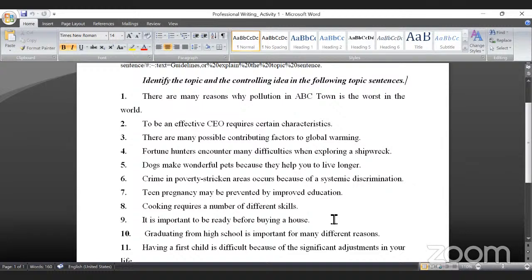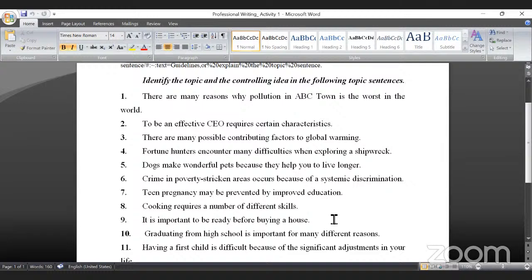6th one, crime in poverty-stricken areas occurs because of systemic discrimination. Same thing. What is your topic? Crime in poverty-stricken areas is your topic, and your controlling idea is going to be systemic discrimination. Right. But ma'am, can't we revert that, like we can also make some topic on systemic discrimination, no?